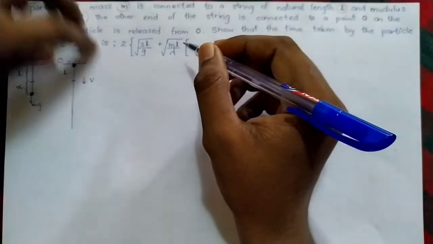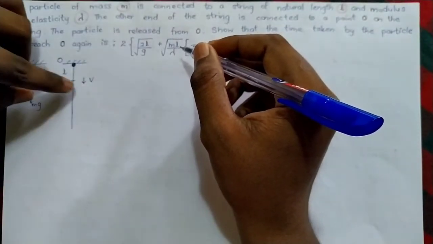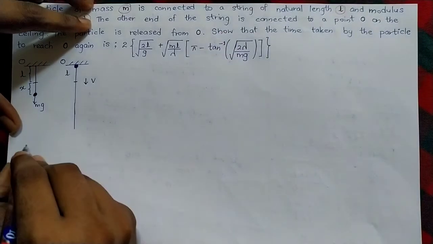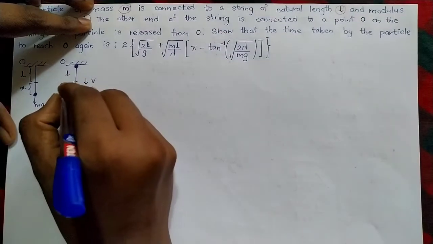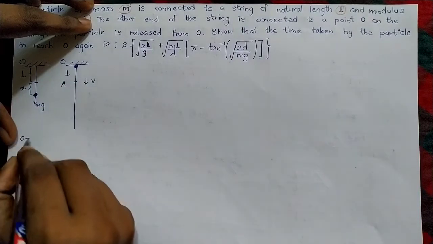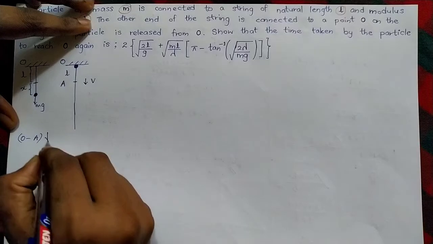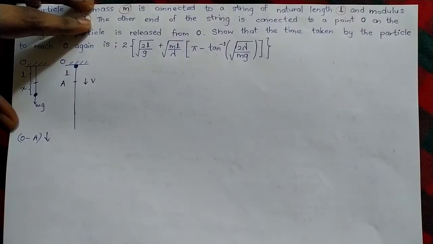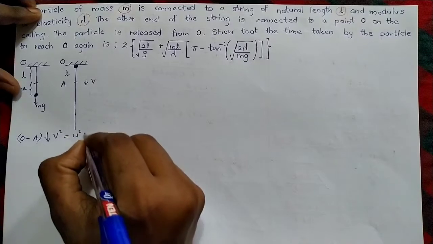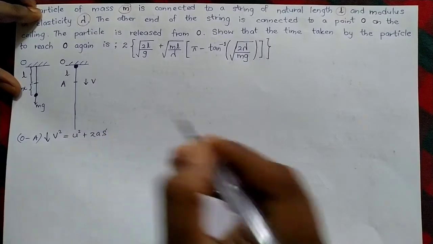Then first let us use kinematic equations to find v. For that, let's say this natural length location is A. O to A, I am going to apply v squared equals u squared plus 2as.